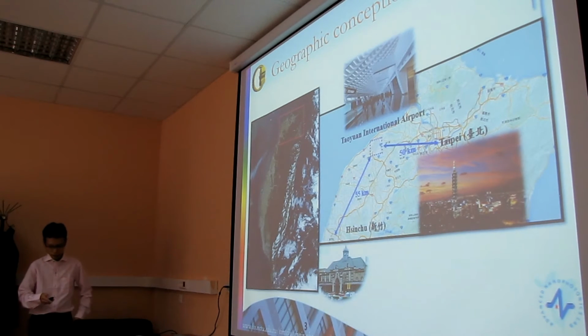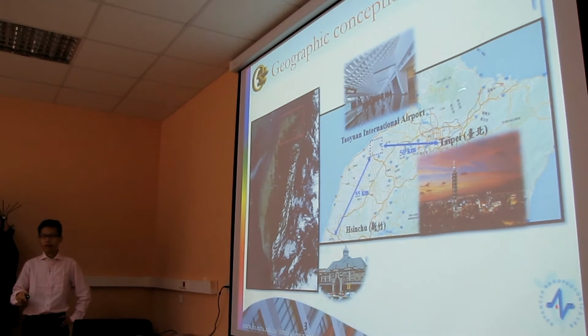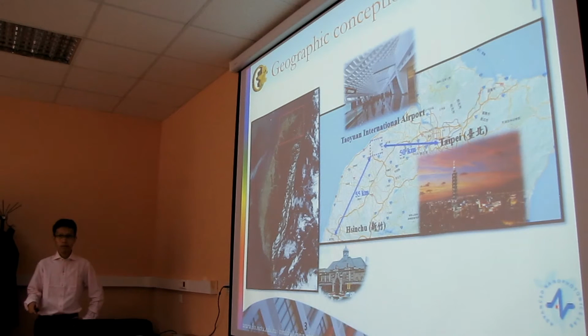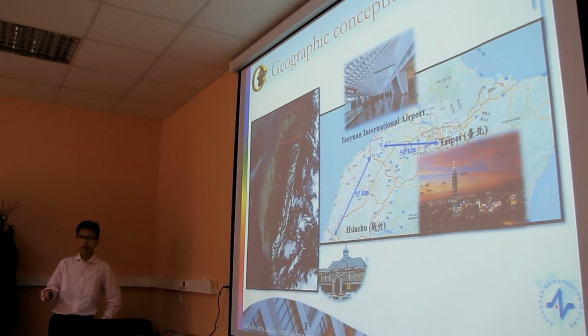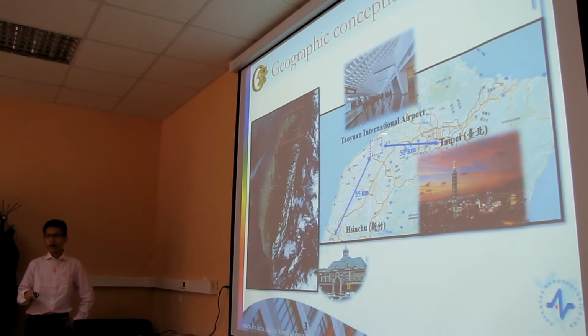On the next page, on the left-hand side you can see the whole island of Taiwan. I want to focus on the northern part of Taiwan, because our school is located in Hsinchu city. And this is the Taiwan International Airport. If you fly to Taipei, you will land at this airport.